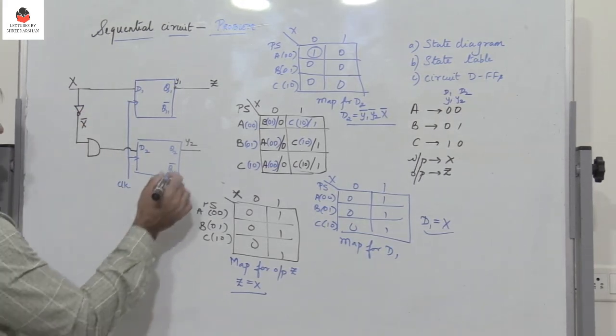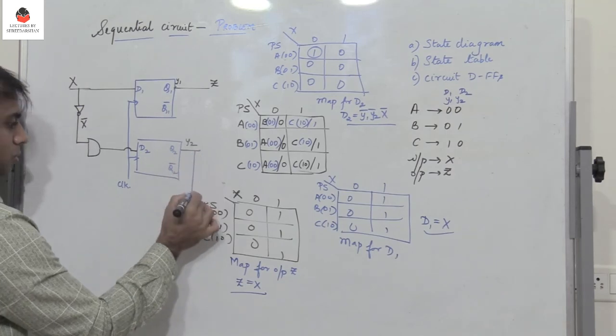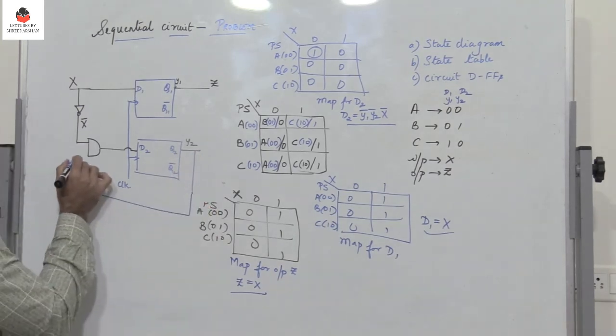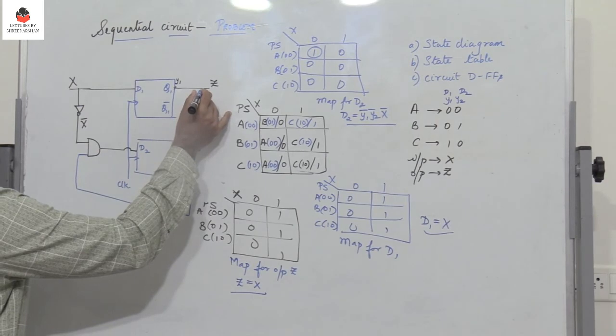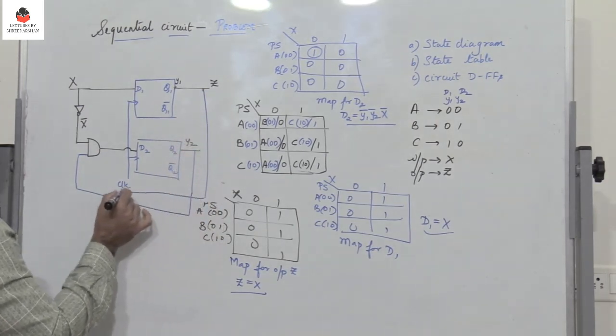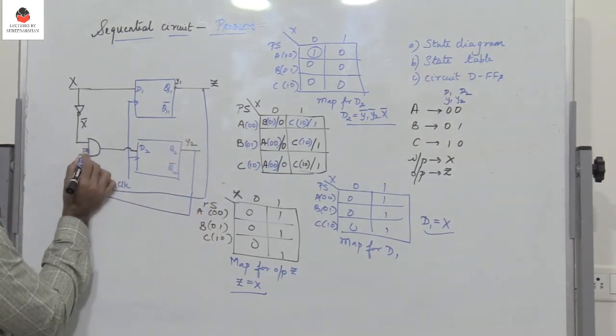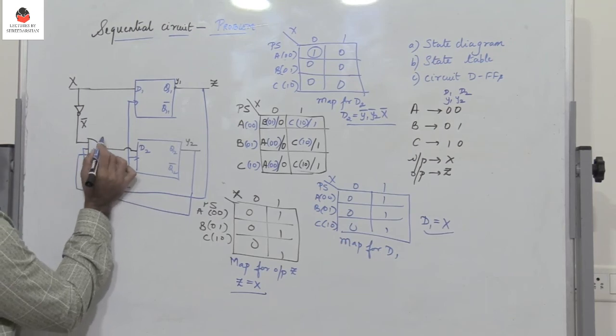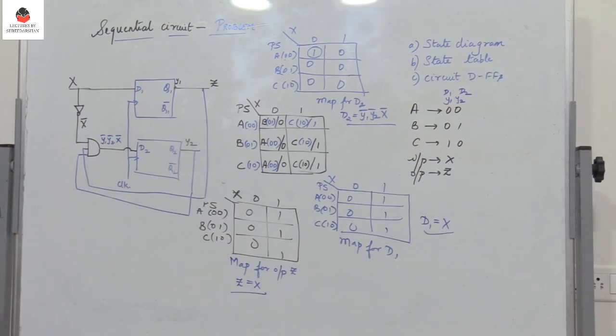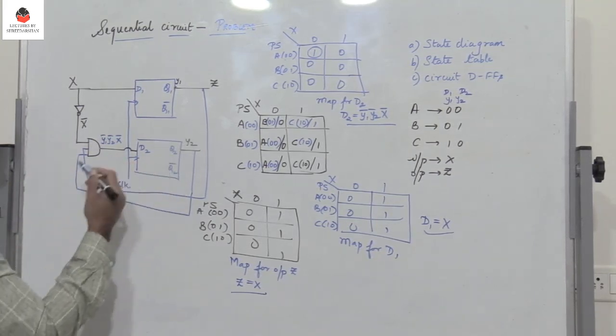Then Y2 is one of the inputs, and then I have Y1, which is one of the other inputs. So the output of the AND gate is Y1 bar, Y2 bar, X bar, which becomes the input to the second flip-flop D2.